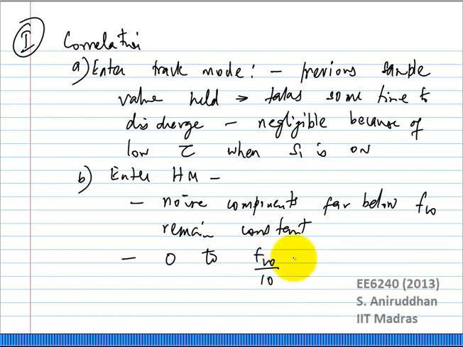Up here at output, what is the value of this noise? 2 kTR1. So these low frequency components appear at the output.